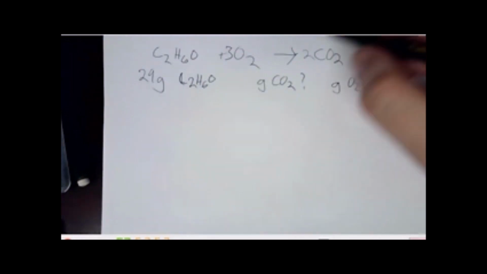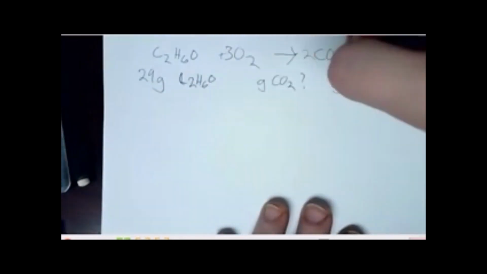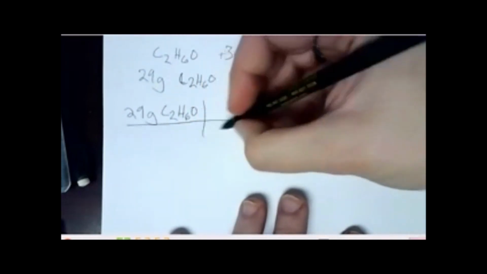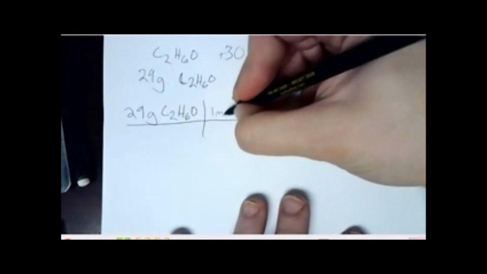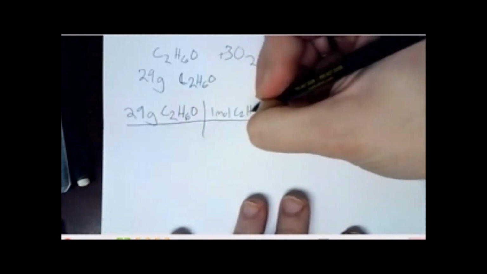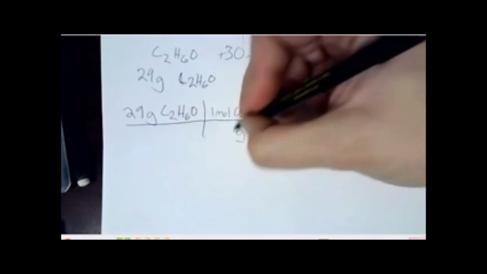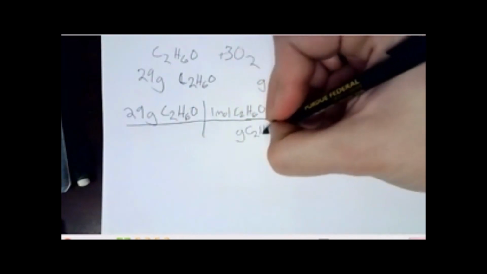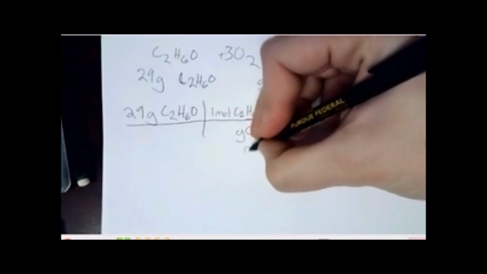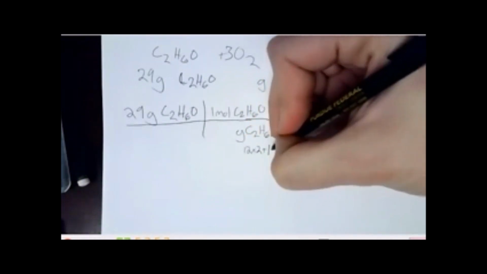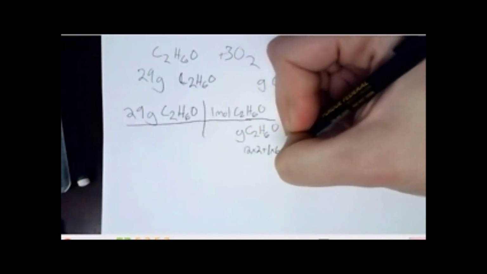So looking at those, we've already balanced it. So step 1's already done. Step 2, grams of ethanol. We've done that. I've given you that. Step 3 is our first real math again. So 1 mole of ethanol weighs how much? Well, carbon is 12, 12 times 2. Hydrogen is 1, 1 times 6.